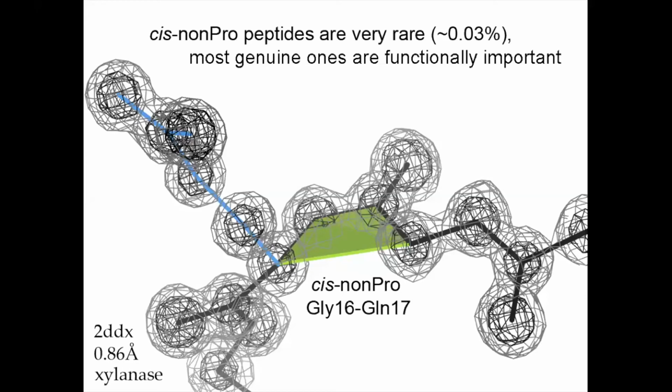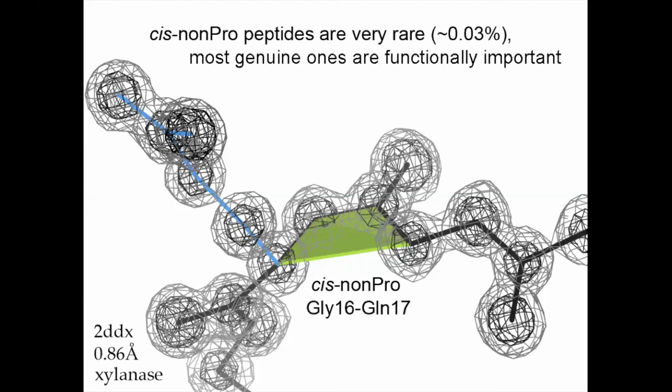Anyway, if you're working with a carbohydrate active enzyme, it's worth checking out the related ones to see whether they have cis-non-prolines. But anyway, so there are some real ones.